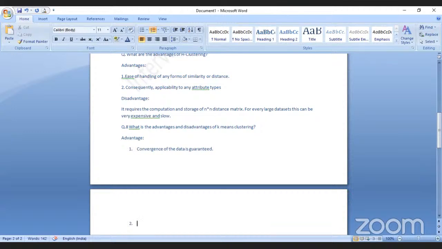Then it specializes to clusters of different sizes and shapes. So it takes any size and shape of the clusters.